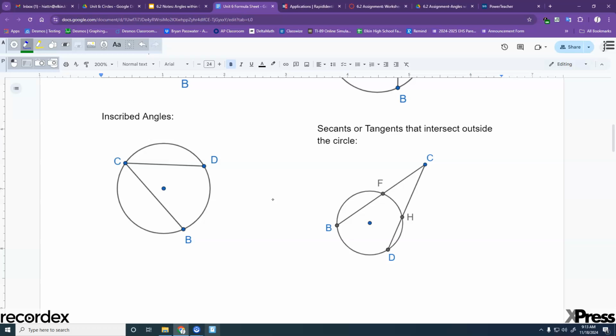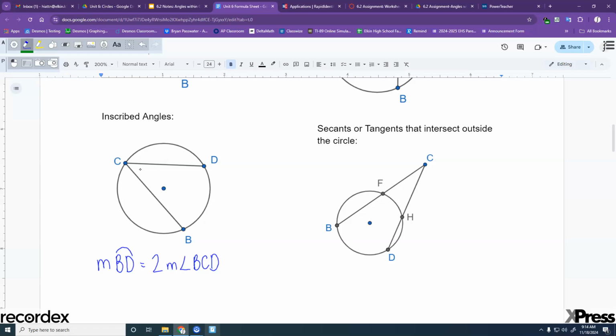So the measure of arc BD is going to be twice the measure of angle BCD. So the arc is twice the inscribed angle.